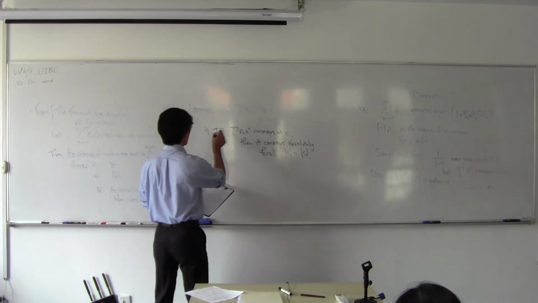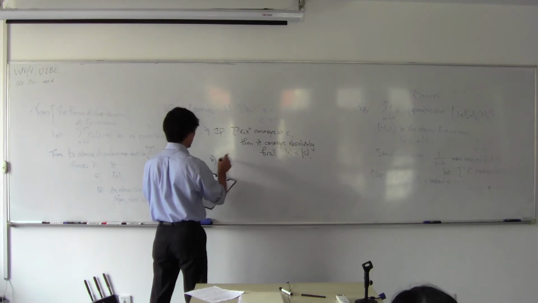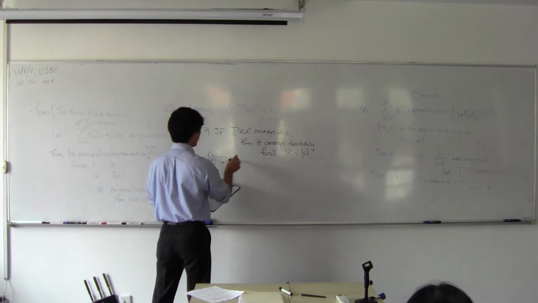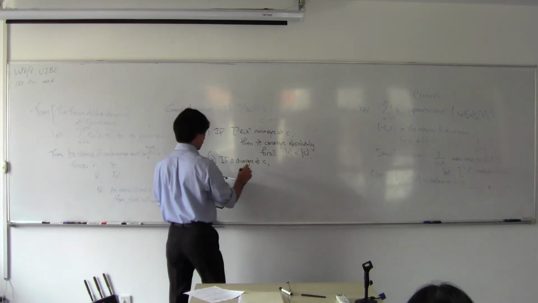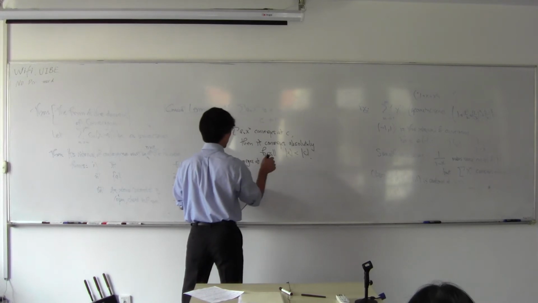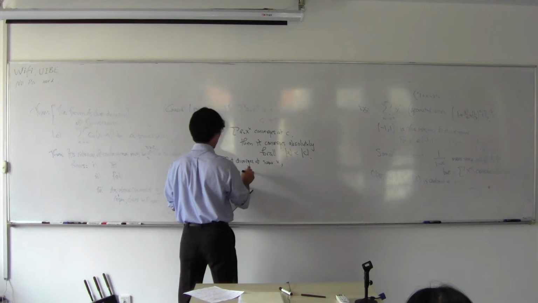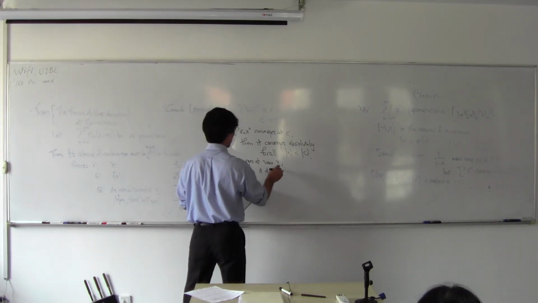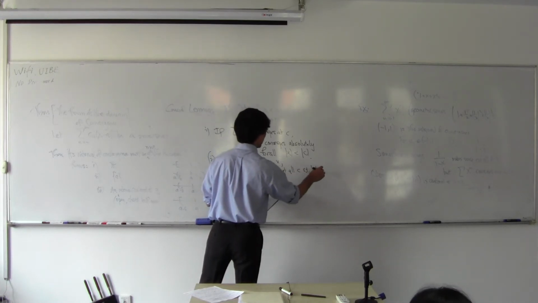Okay. Second fact, this is actually the same as the first fact. If it diverges at some x, then it diverges at all c such that the absolute value of c is bigger than the absolute value of x.